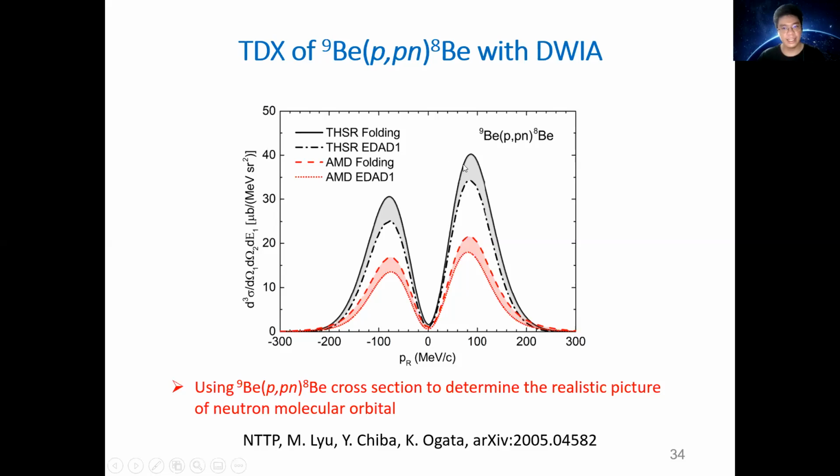It is actually not a big problem if you perform the experiment in normal kinematics. Although there is some uncertainty if using a different potential, like the Koning-Delaroche potential or Dirac potentials, you can still clearly see the difference. We propose that using these kinds of reactions, we can determine which is the more appropriate or realistic picture of neutron molecular orbitals.